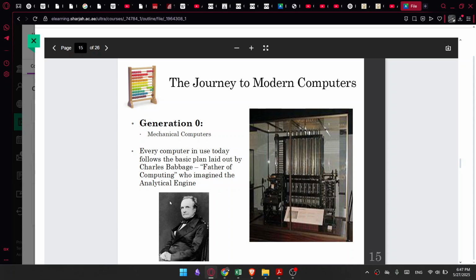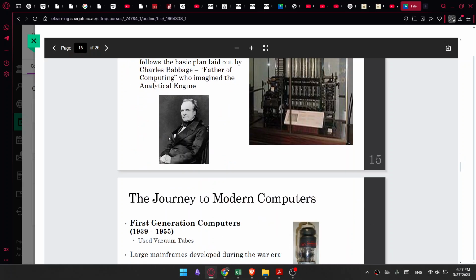He had an image of how computers nowadays would be and how they would work. Every computer in use today follows the basic plan laid out by Charles Babbage.